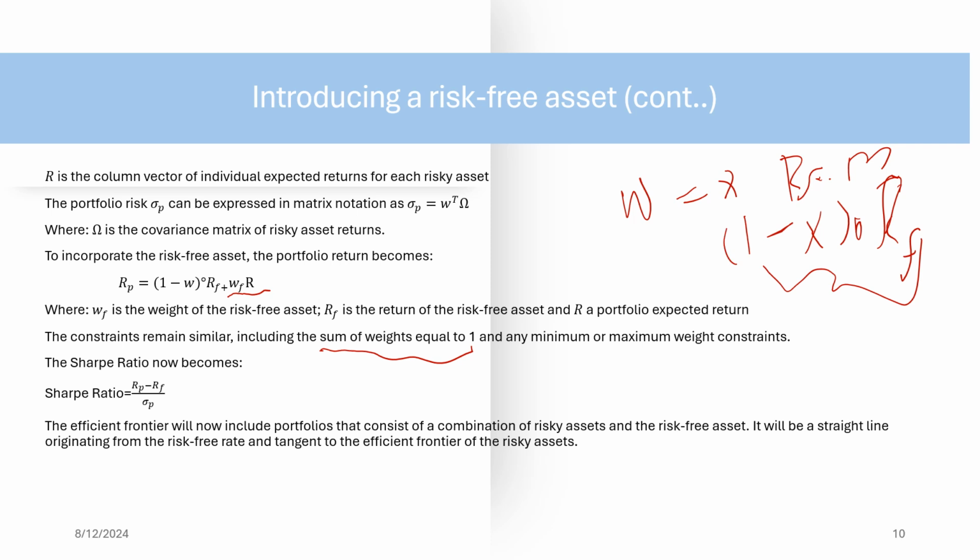So now, having said that, just in line with our definition, we are still talking about the Sharpe ratio as we've already defined, so that now the efficient frontier includes portfolios that consist of a combination of risky assets and a risk-free asset. So as we've mentioned, it will be a dark straight line originating from the risk-free rate to the tangent of the efficient frontier of our risky assets.